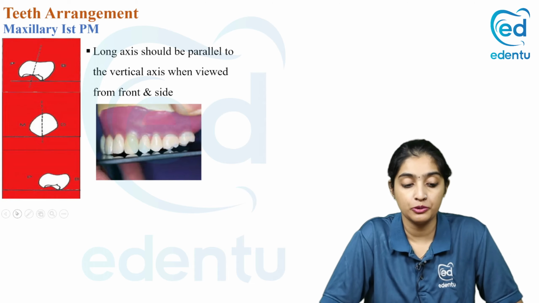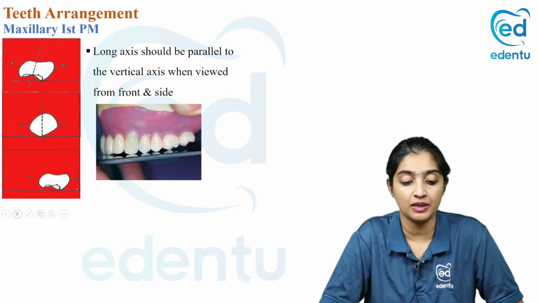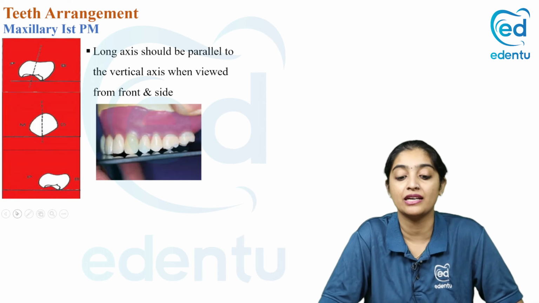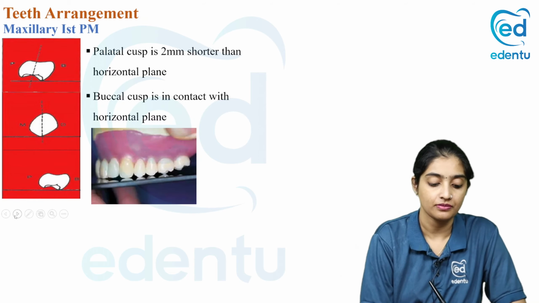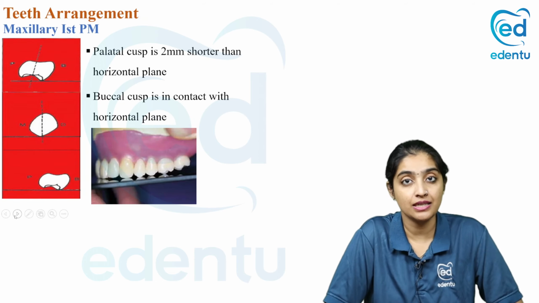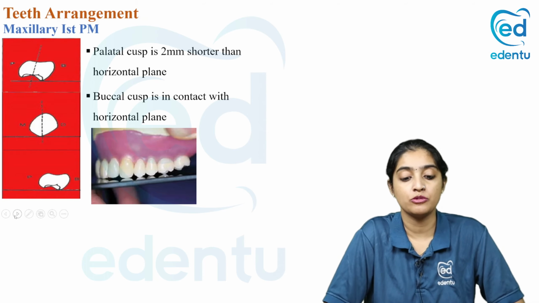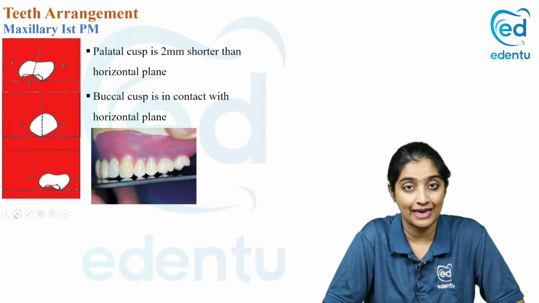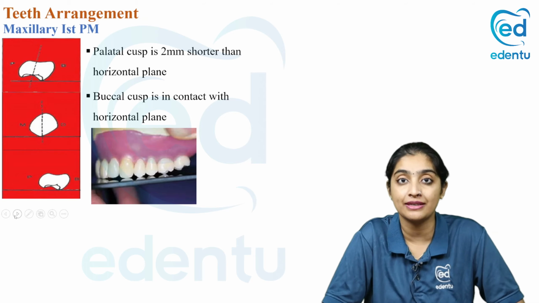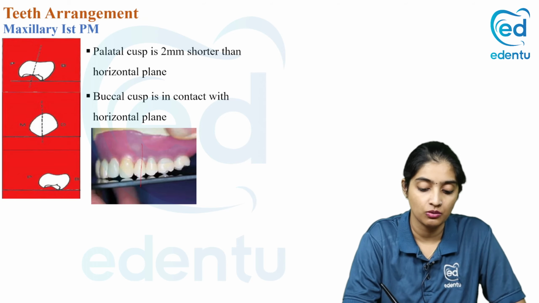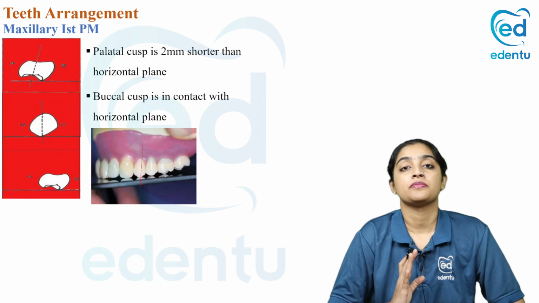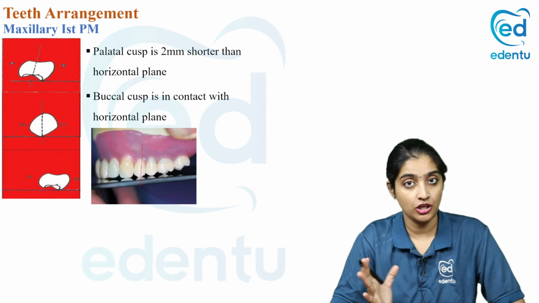Coming to the positioning of the maxillary first premolar, the long axis should be parallel to the vertical axis when viewed from the front and the side. The palatal cusp is kept 2 mm shorter than the horizontal plane, whereas the buccal cusp is in contact with the horizontal plane. So it is parallel to the long axis from the front and from the side. There is no tilting.